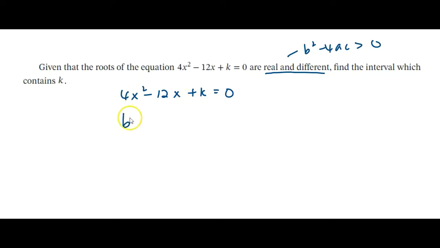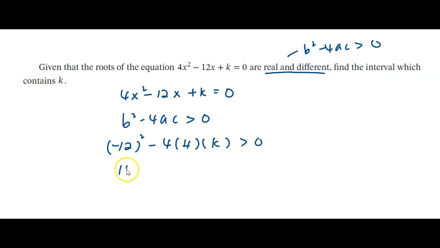So we can directly plug the values of a, b, c into the discriminant greater than 0, where b is negative 12 squared minus 4a, a will be 4, and c has to be k. This is greater than 0. You have 144 minus 16k greater than 0.